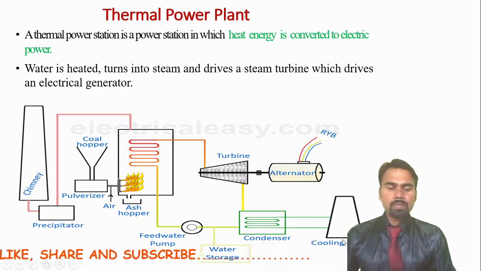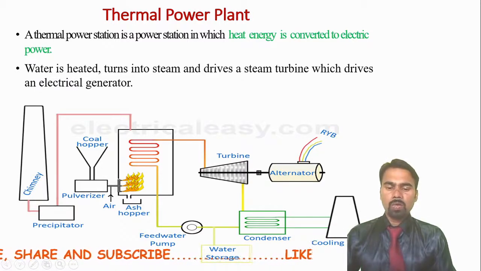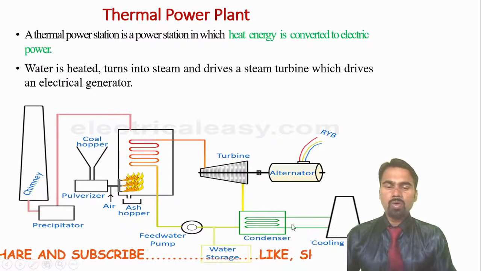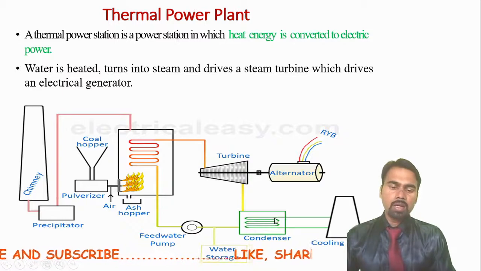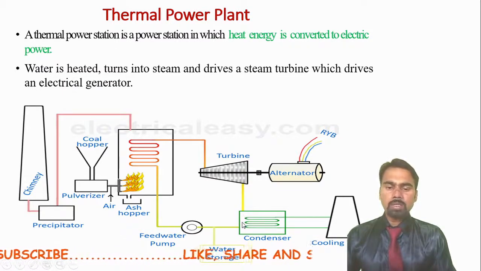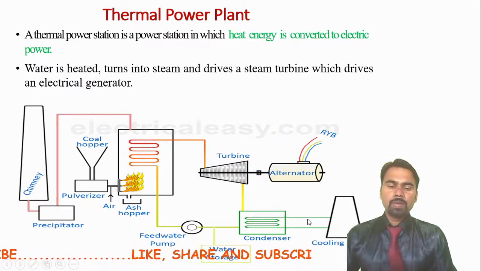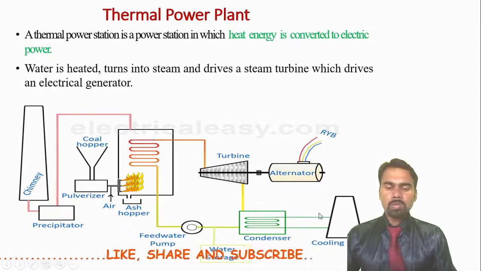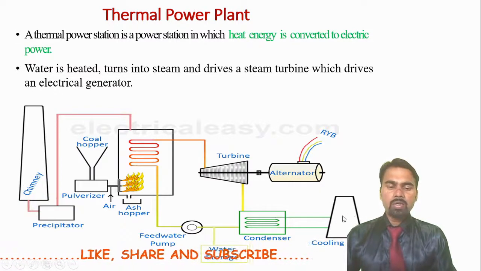Okay, then here is the cooling tower. The function of the cooling tower is to send cold water inside the condenser, and it absorbs the heat from the high temperature steam, so the temperature of that water increases and we send it into the cooling tower.